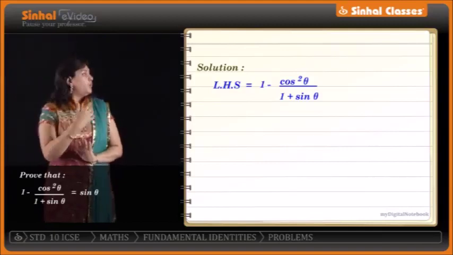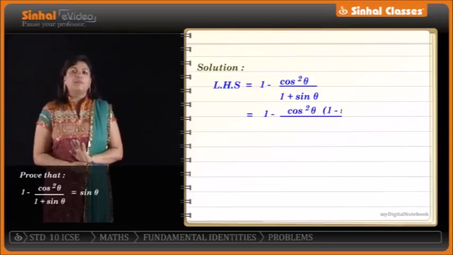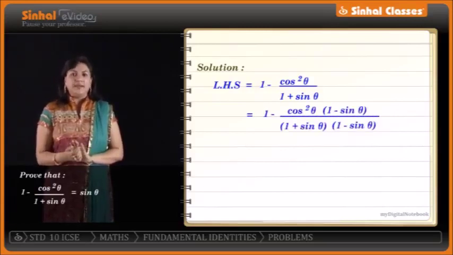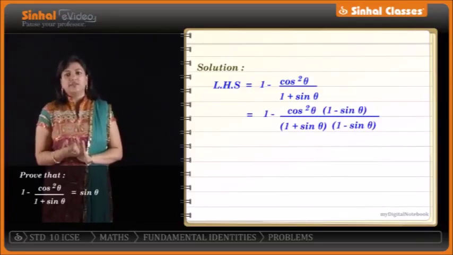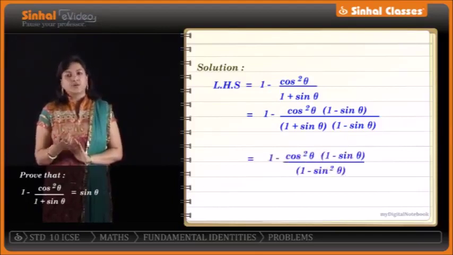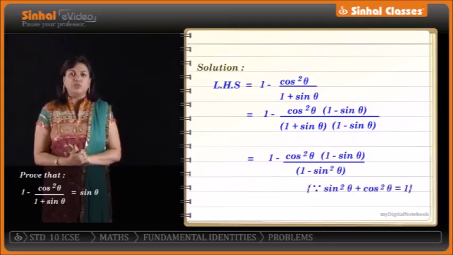We have 1 minus cos square theta into 1 minus sin theta upon 1 plus sin theta into 1 minus sin theta. Now that denominator part can be simplified as 1 minus sin square theta, which is nothing but cos square theta, using the identity sin square theta plus cos square theta is equal to 1.